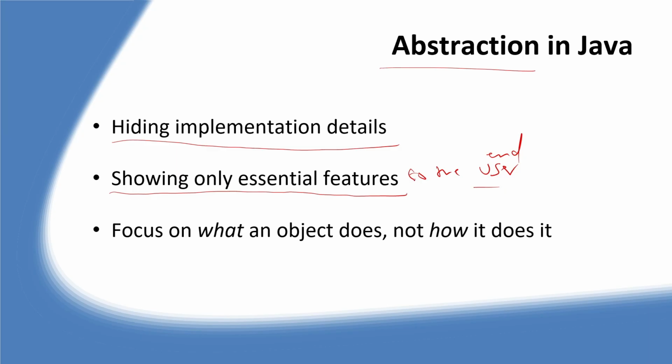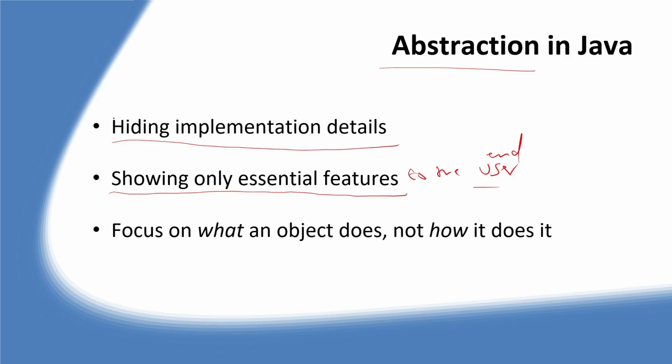So, in simple words, the user knows what an object can do, but does not need to know how it performs the task. Okay. So this will make the program easier to use and easier to maintain.